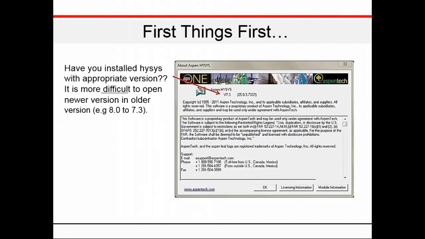You understand that? First things first, we want to have the software installed in the system. If we don't have it, we might not be able to run it and do this class. So please follow the description and understand it very well. Once you have HYSYS installed on your version, it is more difficult to open other versions.